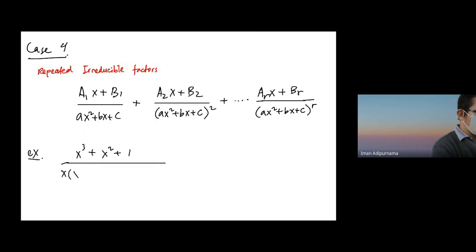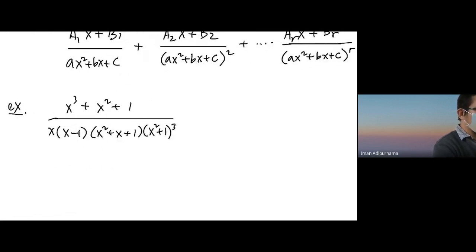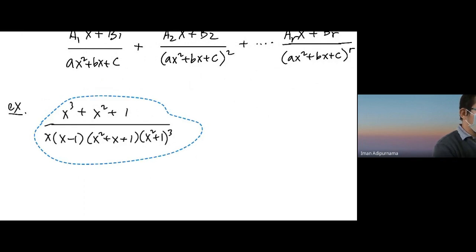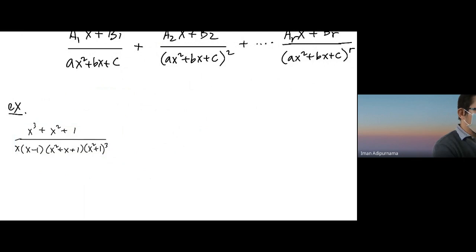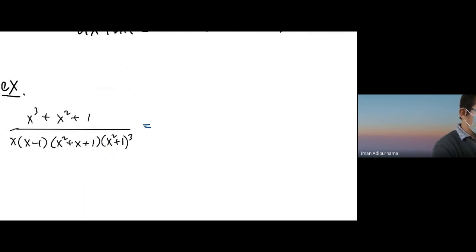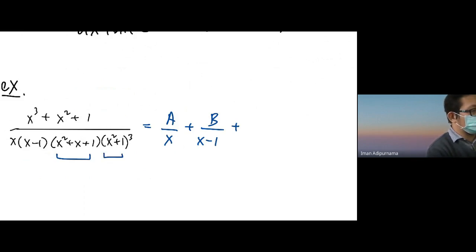Let's say we have these factors, and we treat them as our linear factors. So we can have our repetitions. First, a over x plus b over x minus 1 plus, now these two are our irreducible factors, right?